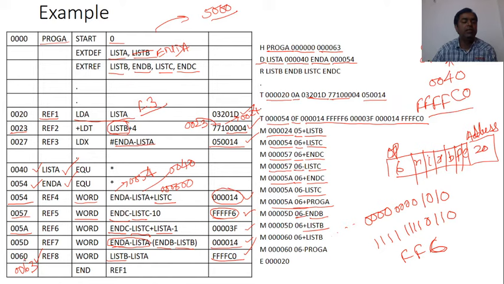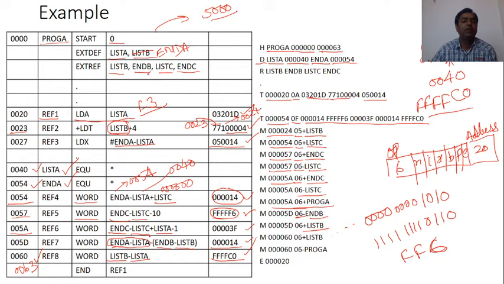Now our next instruction is at address 0060. That is list B minus list A. In this case you can see I have to add the value of list B and here minus list A is the relative value. That means I have to subtract the program here to get the exact value of list A. You can see here when I am putting here list A, that is 0040.